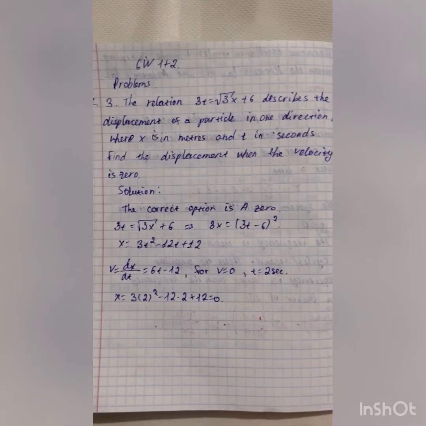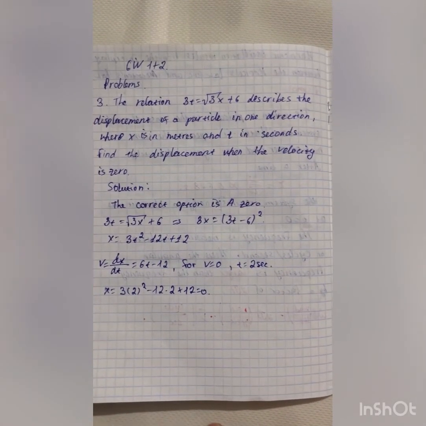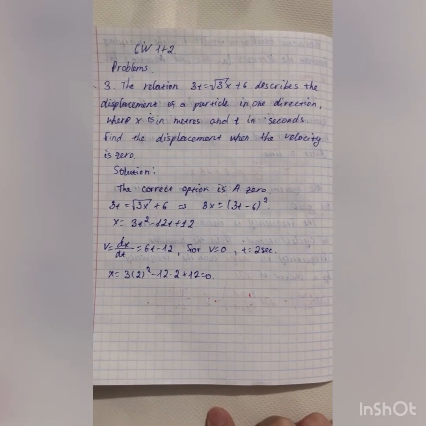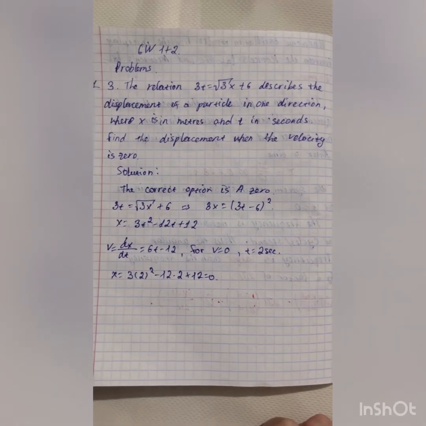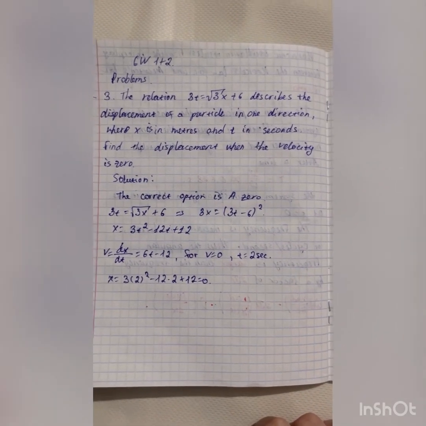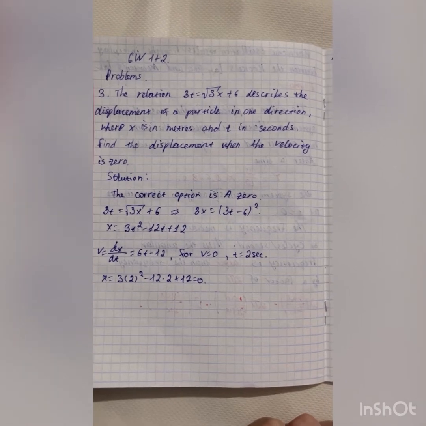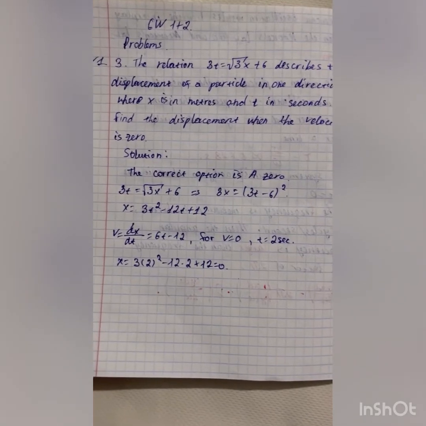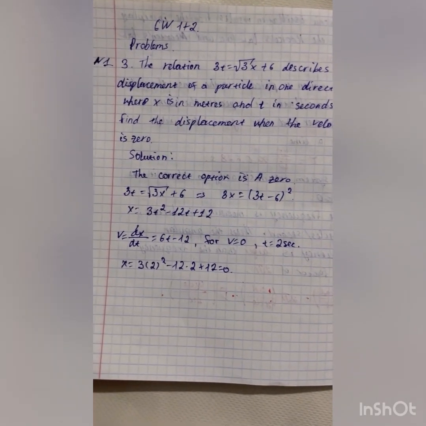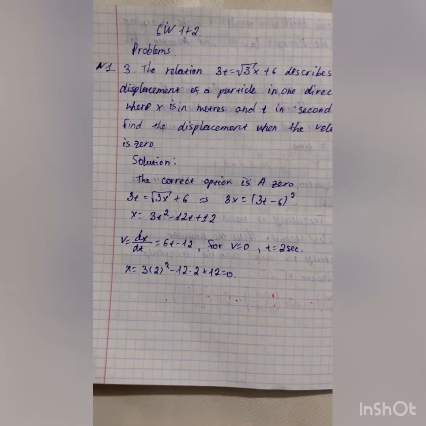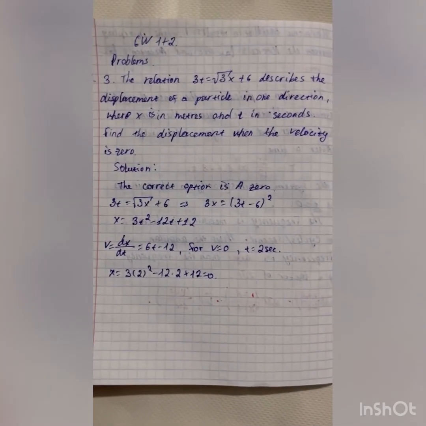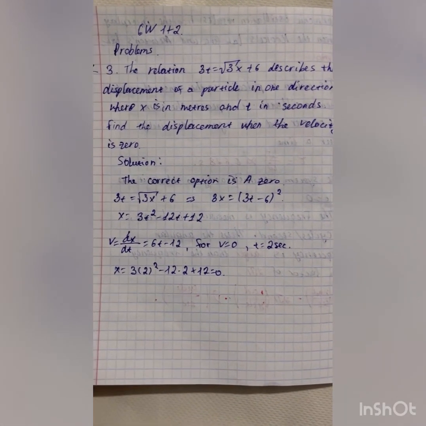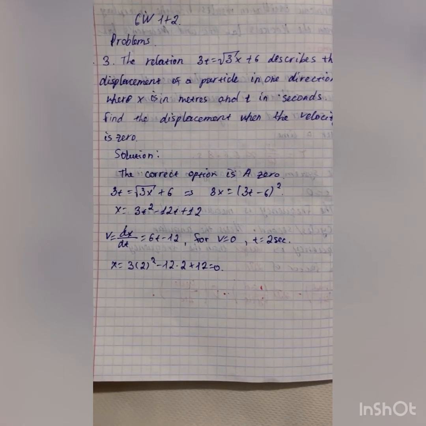Problems. First problem: the relation 3t equals square root of 3x plus 6 describes the displacement of a particle in one direction, where x is in meters and t is in seconds. Find the displacement when the velocity is 0. Solution: the correct option is A, 0. 3t equals square root of 3x plus 6, so 3x equals (3t minus 6) squared. x equals 3t squared minus 12t plus 12.